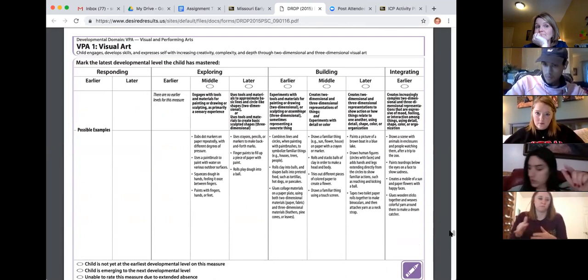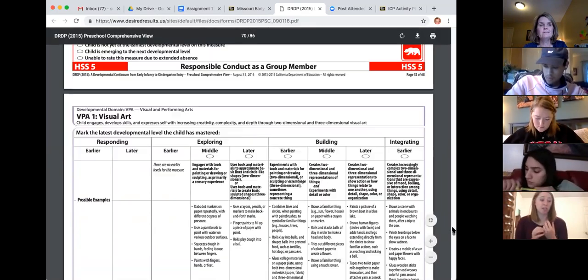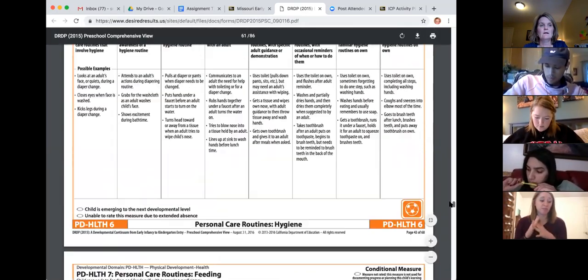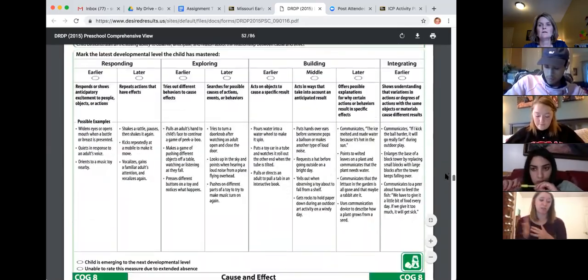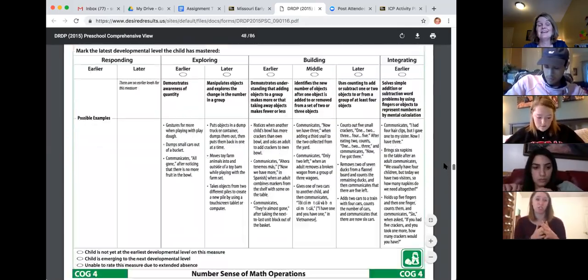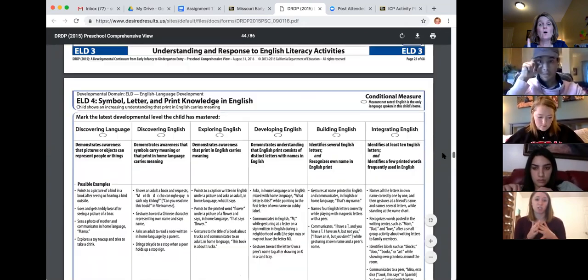That's it. I'm not sure on my standard because I'm doing the survey, the DRDP. So I was thinking relationships and social interactions with peers, but I was also thinking communication and use of language. Yes, you could do both of those.